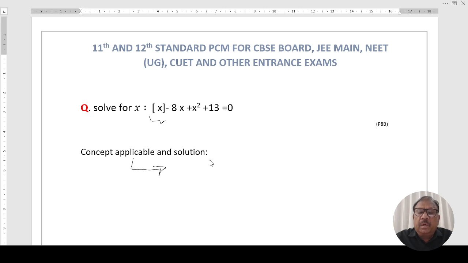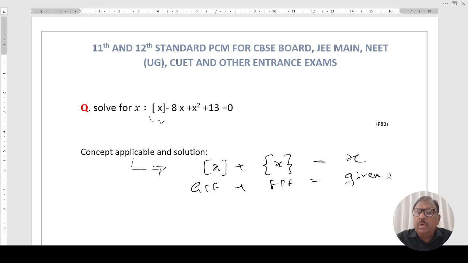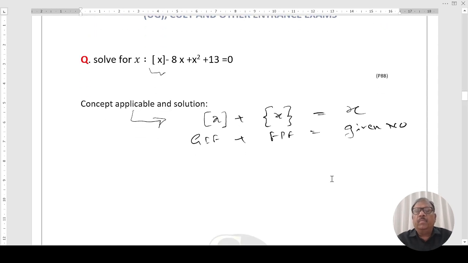One concept is greatest integer function plus fractional part function equal to a given number.